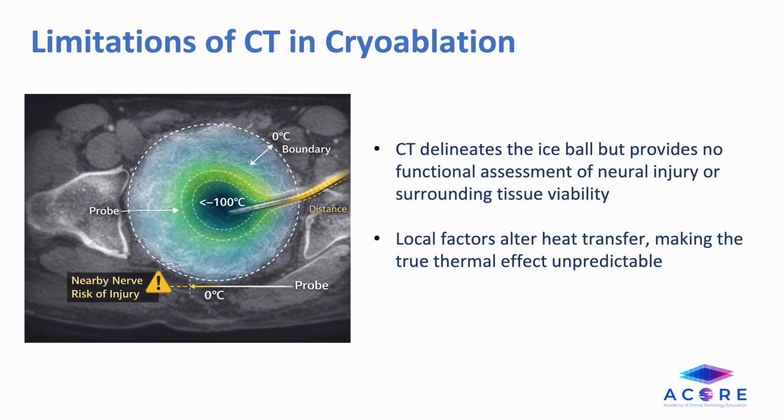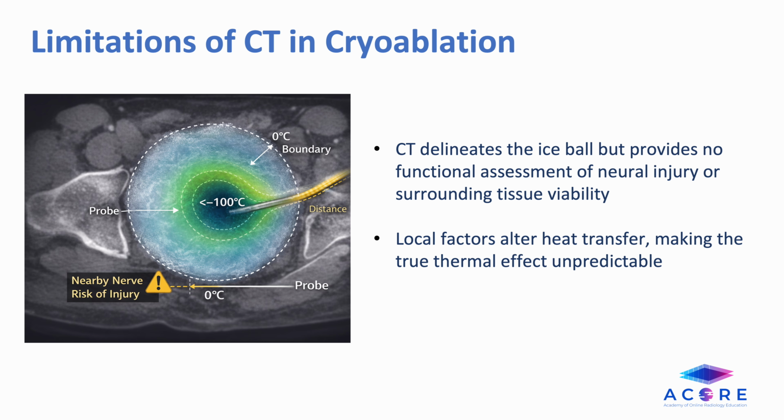As we all know, CT is essential for guiding cryoablations, but it definitely has some limitations. First, CT clearly shows the ice ball, but this corresponds only to the 0 degrees Celsius boundary, not the actual lethal temperature zone. So while we see where freezing has occurred, we don't know how cold it is within different regions.